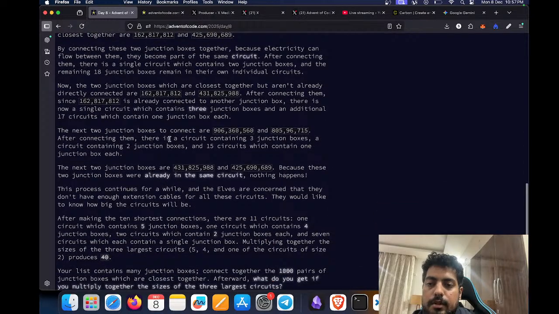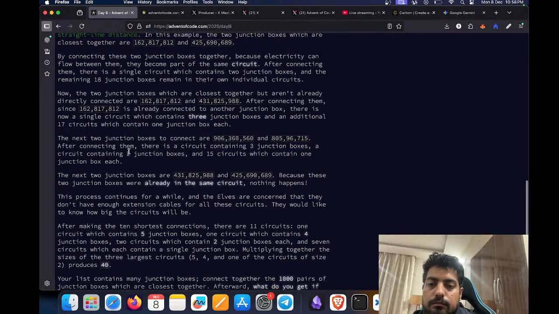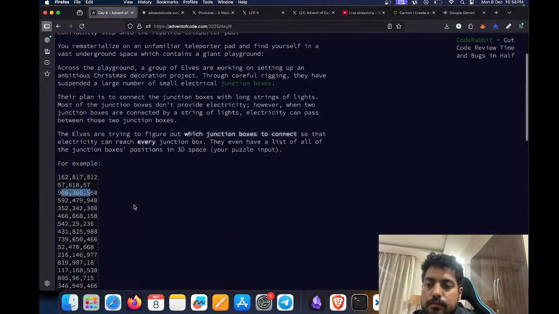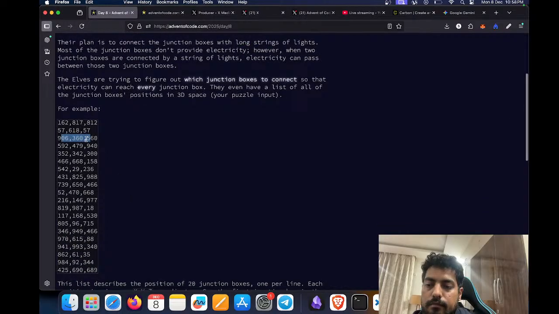The next two junction boxes to connect are 906 and 805. 906 and 805.